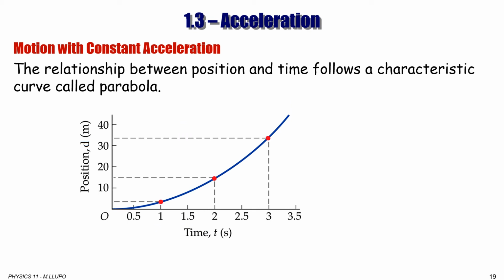The most common position-time graph for uniformly accelerated motion is a parabola. That is a very well-known graph, from which you can derive the velocity-time graph and the acceleration-time graph.